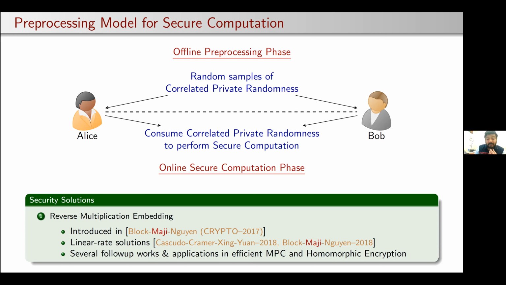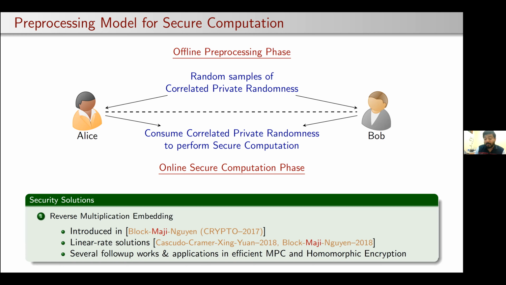For example, we introduced this notion of an inverse multiplication embedding problem, where one is provided with a multiplication oracle over the extended field. And the question is, how many multiplications over the base field can we perform by using one call to this multiplication oracle over the extension field?